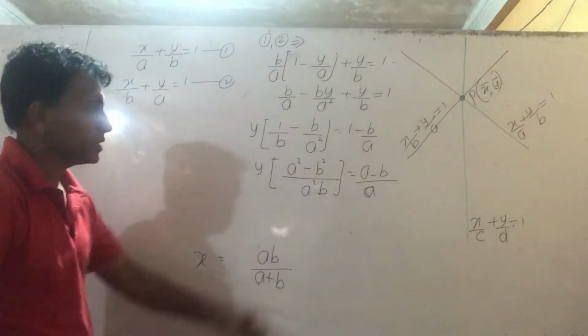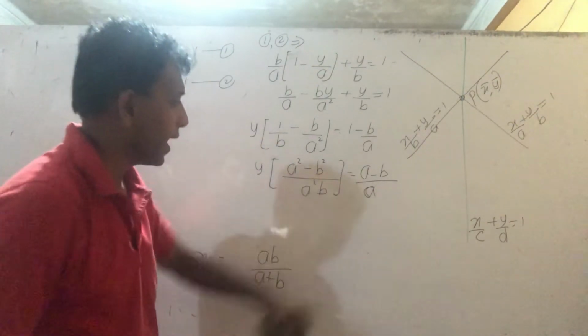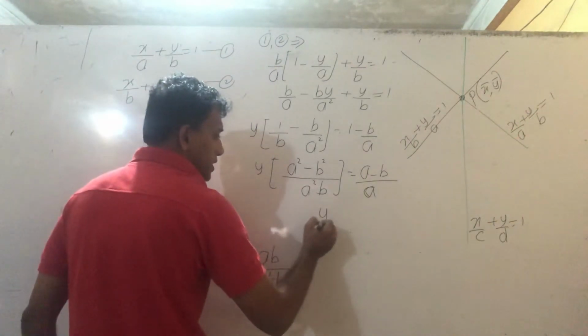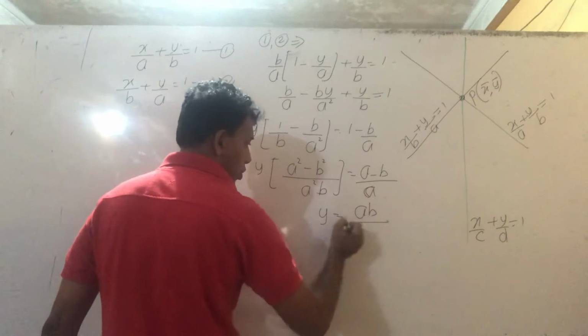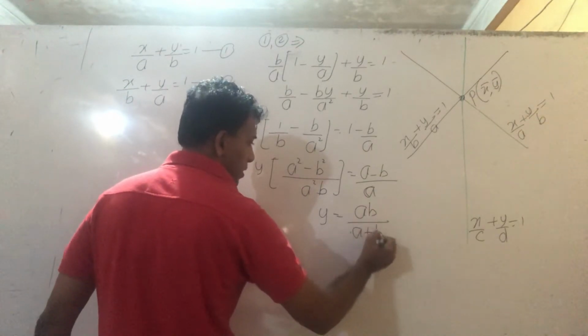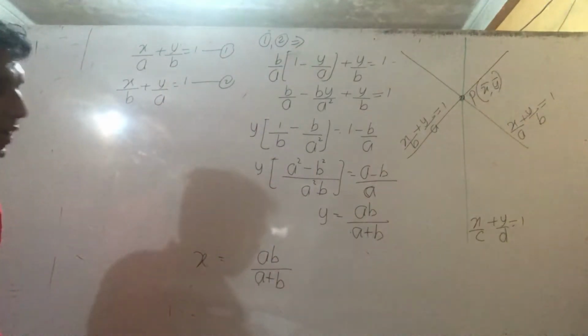Factorize A square minus B square as A minus B, A plus B, and one factor cancels. So the Y answer is, one A cancels, AB over A plus B, right? So both X bar and Y bar are the same.